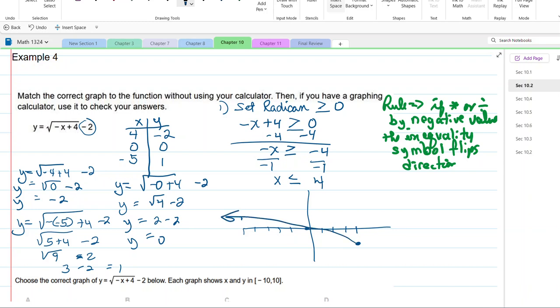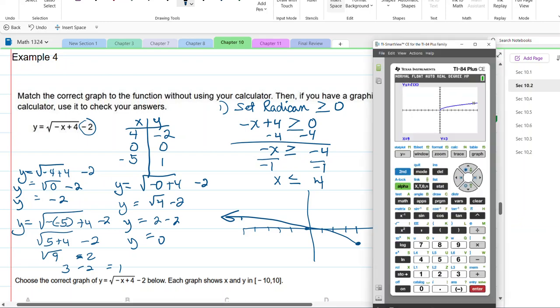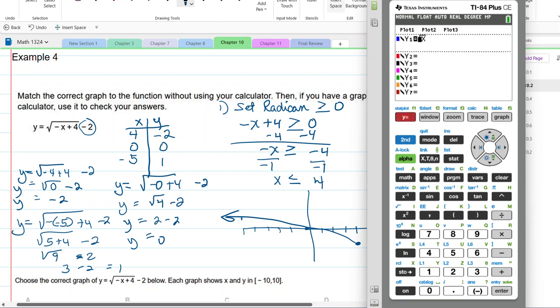All right. So we said we're going to use a calculator, which we are. So here we go. Again, knowledge rules. So I have that one. Now I'm going to enter this one. Second square root. Now I need to put a negative x plus 4.